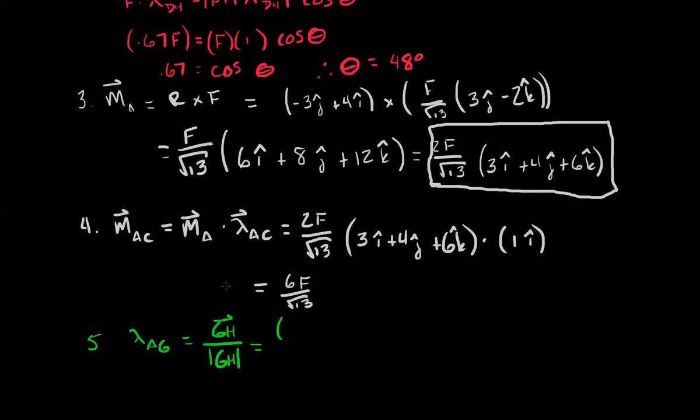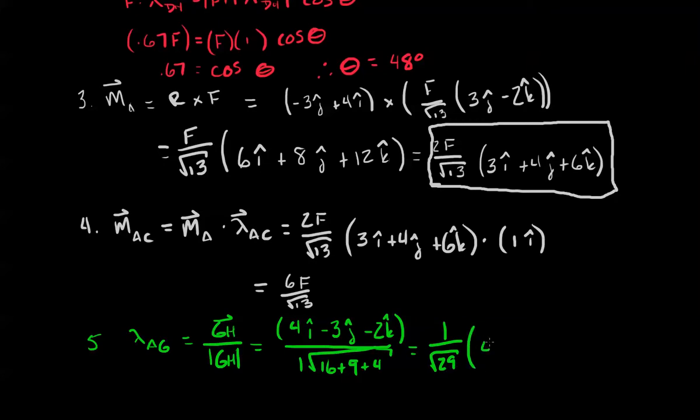So that's going to be 4i minus 3j minus 2k. And the magnitude of those is going to be the square root of 16 plus 9 plus 4. That equals 1 over square root of 29 times 4i minus 3j minus 2k.